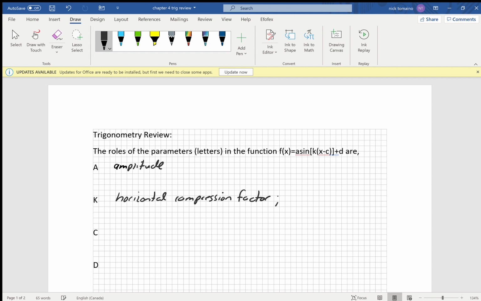Remember that the period is equal to 1 over k, and similarly k is equal to 1 over the period, and c represents the phase shift, which is horizontal, and d represents the vertical shift.